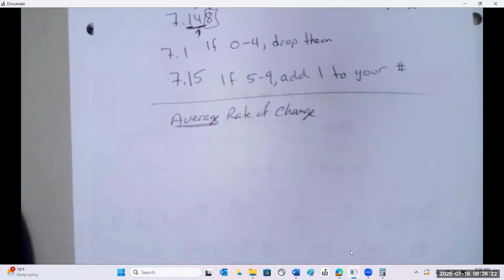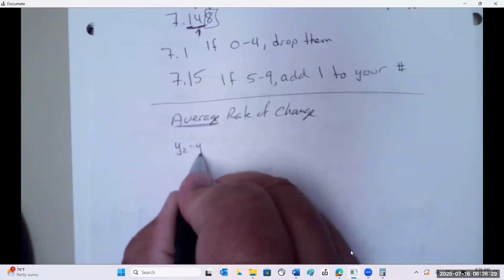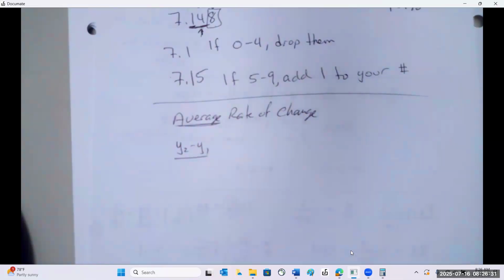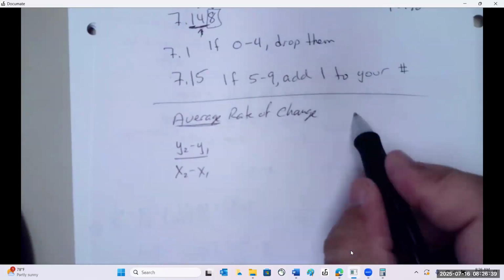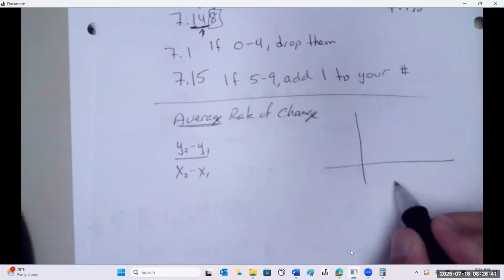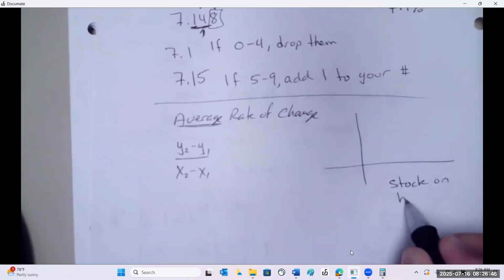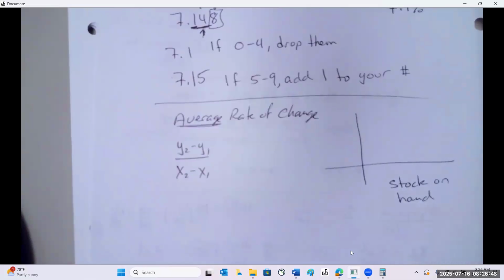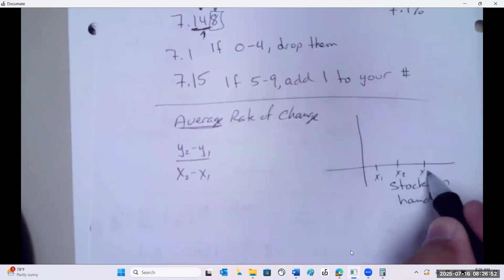It works the same in slopes. Because remember, we have y2 minus y1. Those are the number of items that you have, the ones you're looking at, over how many you have. Think about it. If you are a business, this is the stock on hand that you have, X1, X2, X3, and so on.